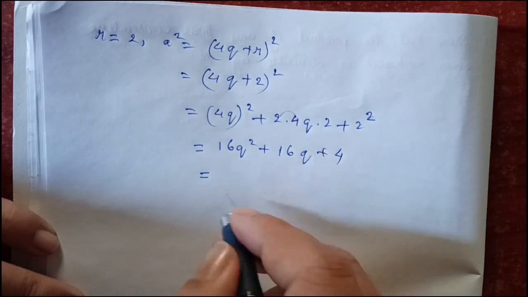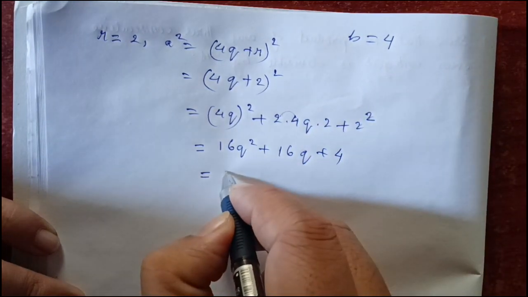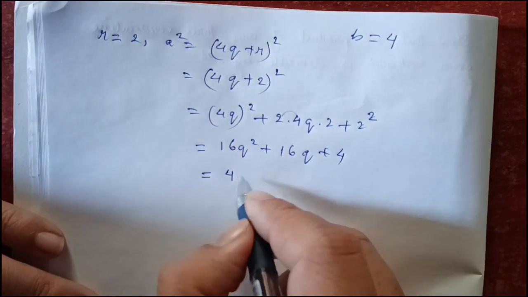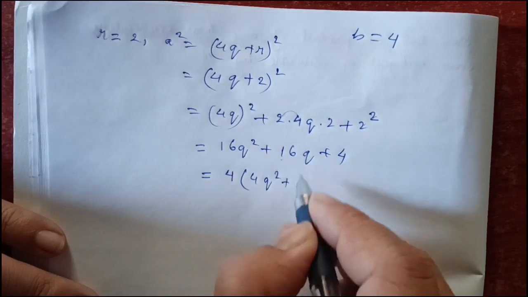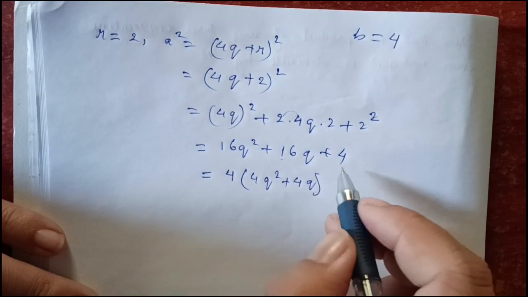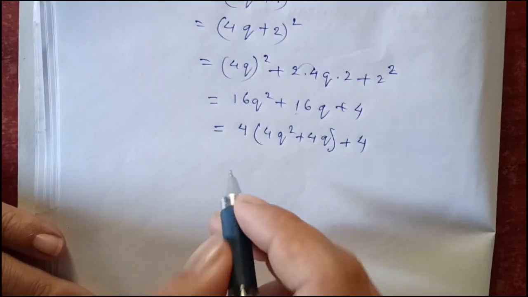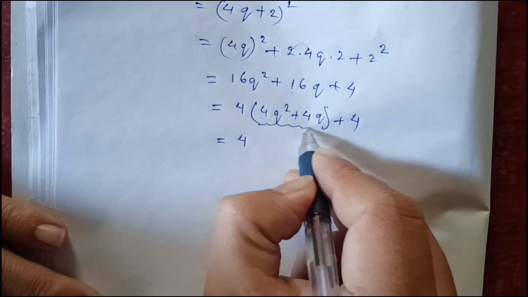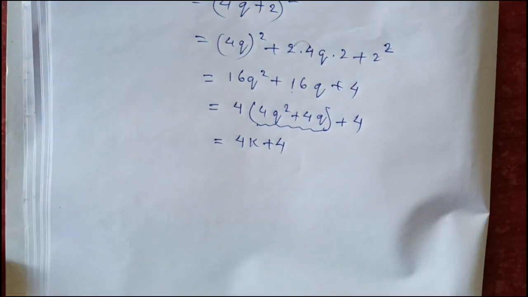Again our b value is 4, right? Since our b value is 4, take out the 4 common. Okay, now you take out 4, 4 fours are 16. Now this is again 4, 4 fours are 16, right? Then plus 4. Okay, now the number which are inside the bracket, you replace with k.